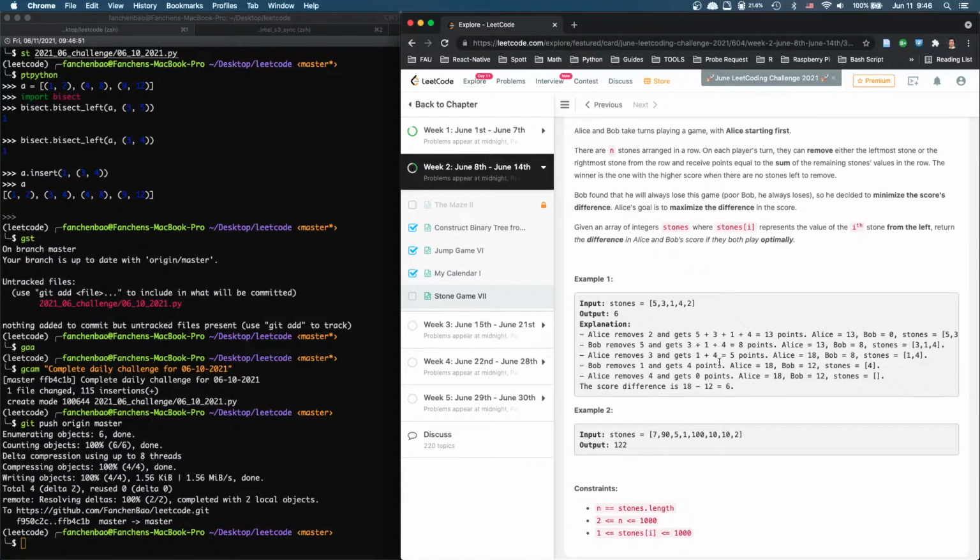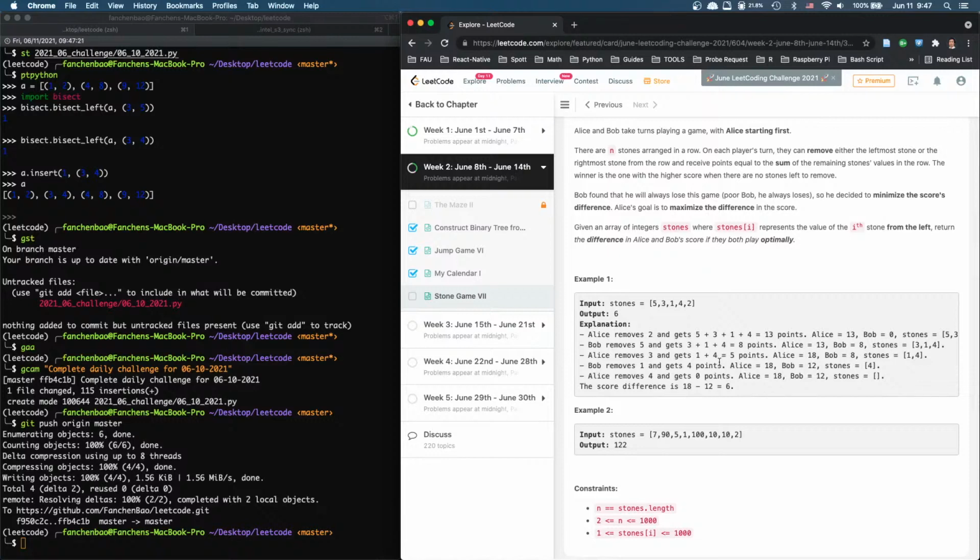So the strategy, let's do this again. 5, 3, 1, 4, 2, right? So Alice removed 2, understandable. But what if Alice removes 5? She says, okay, I remove 5, so I make sure that Bob doesn't get it. But each time there are only 2 choices, right?